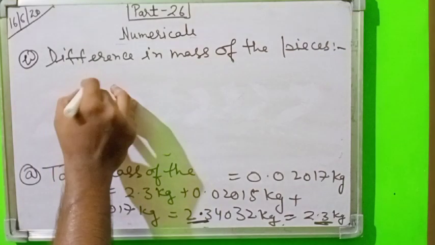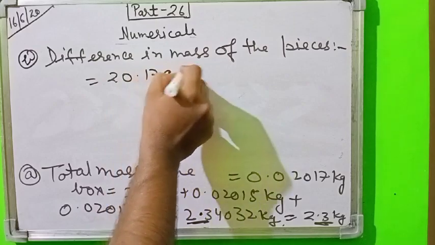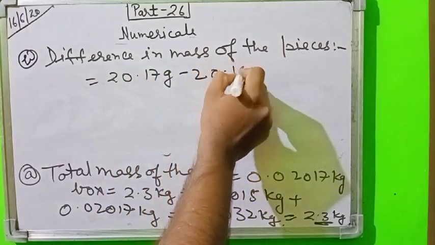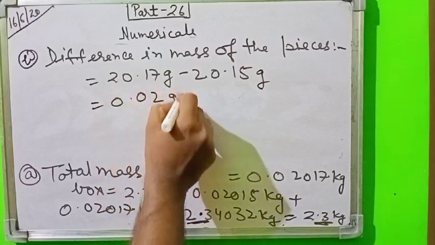What is the difference? It is 20.17 gram minus 20.15 gram, and it is equal to 0.02 gram.